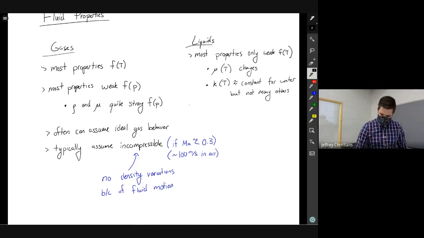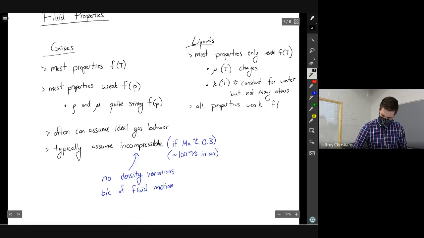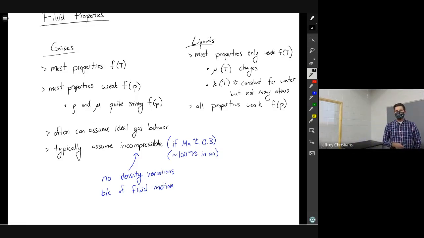But really for fluids, all properties are a weak function of pressure. So pressure never really matters for fluids. Temperature does for some specific properties, but not that much. Mainly viscosity. The main effect when you change the temperature of a fluid is that it gets, quote unquote, thinner.